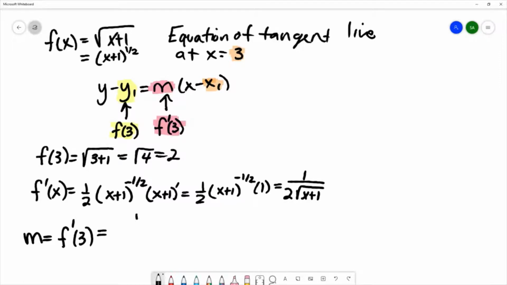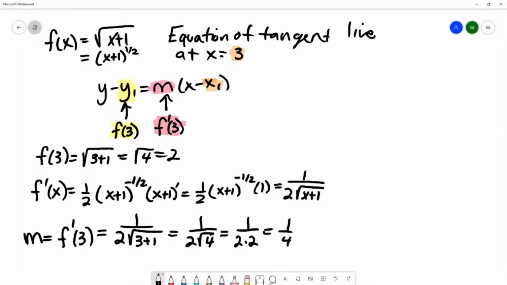So that would be 1 over 2 times the square root of 3 plus 1. That's 1 over 2 times the square root of 4, and that's 1 over 2 times 2, which is 1/4. So now we have the slope of the tangent line being 1/4.